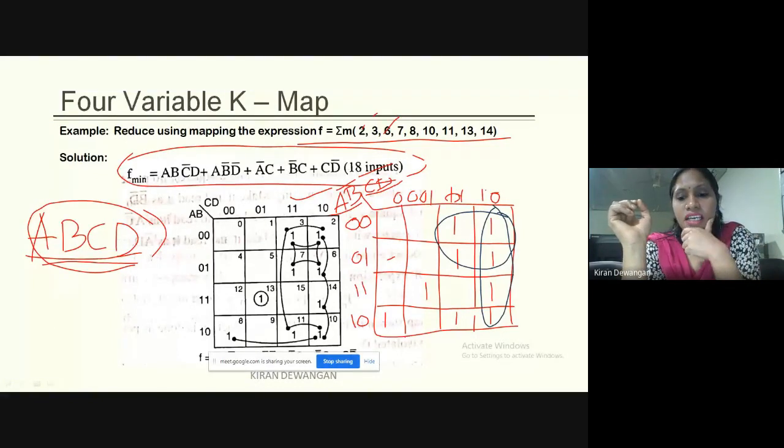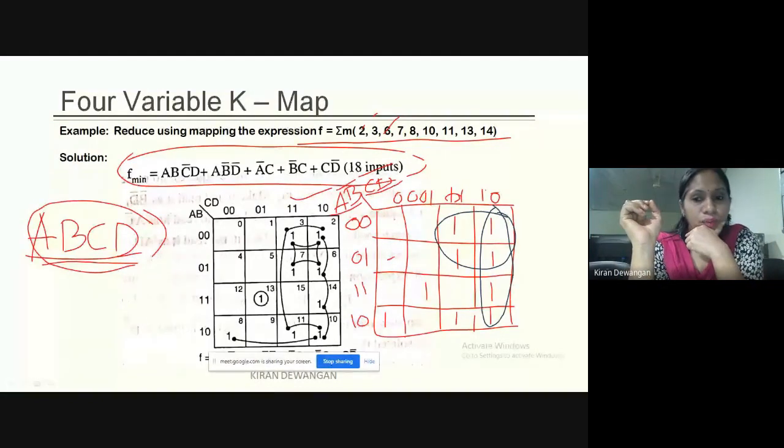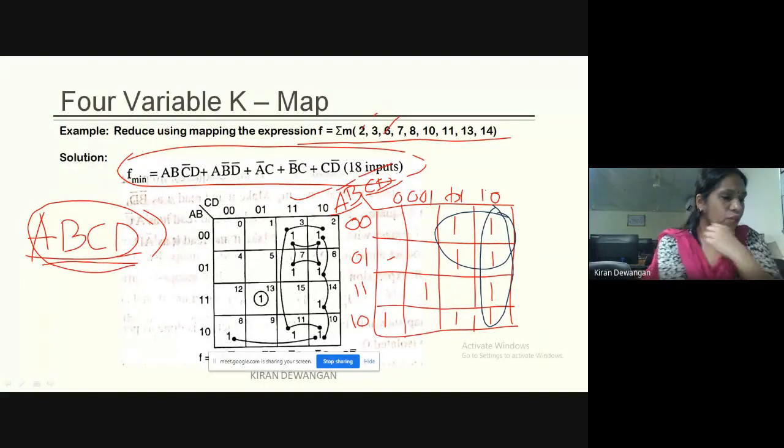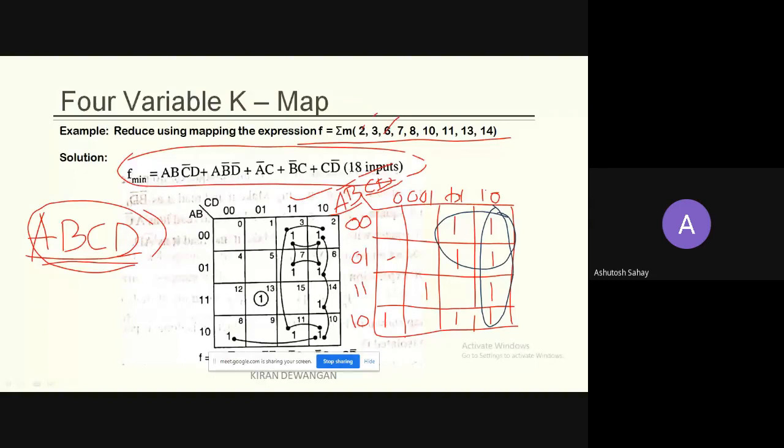Clear? Is there any other quad present in the K-map? Anyone? Can you see a quad present here? Yes? Reply. Is there any other quad? Ma'am, 2 ones in the top and bottom.